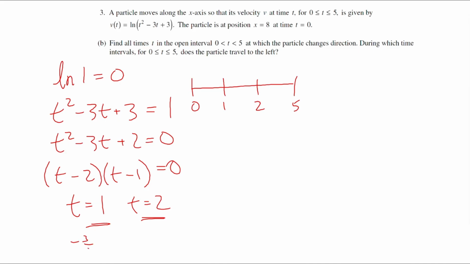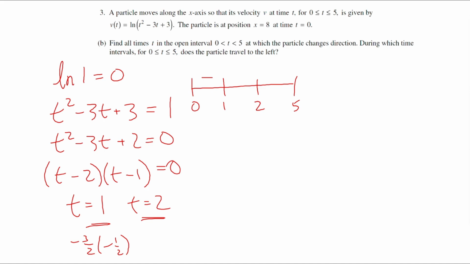So negative 3/2 times negative 1/2 is positive 3/4. So I'm taking the natural log of 3/4, which is less than 1, so that's going to come out negative.